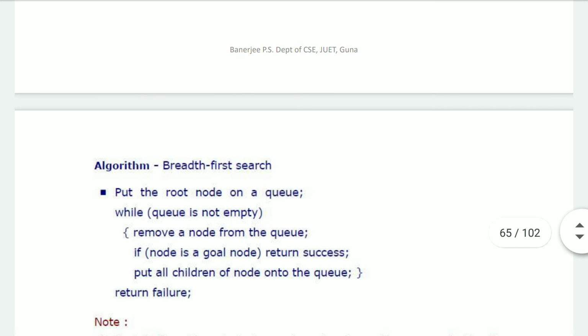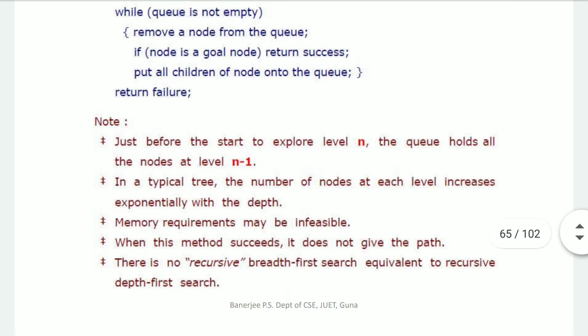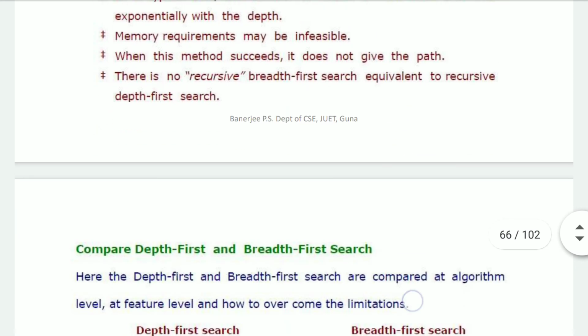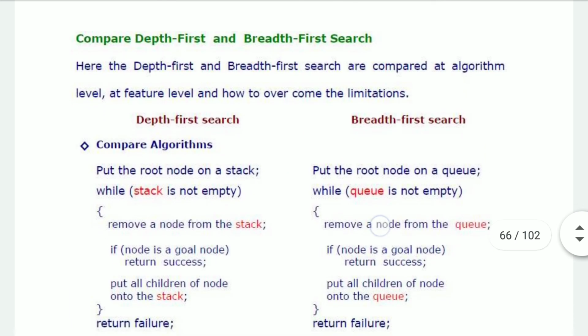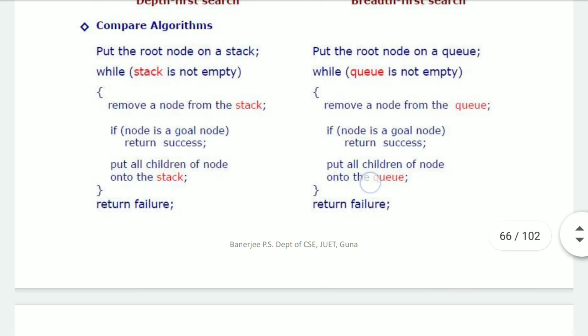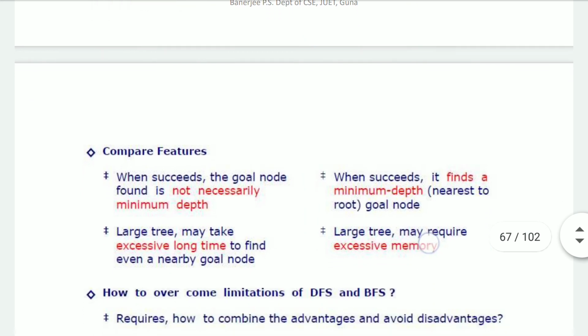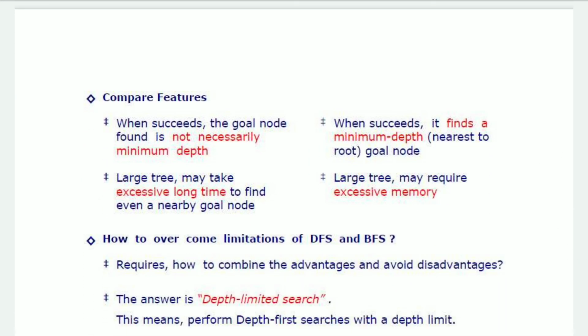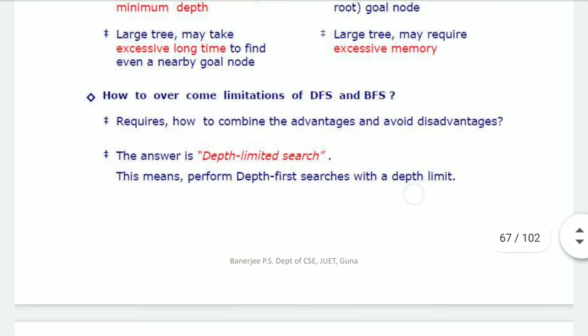So this is again the algorithm for the BFS. This is a simple comparison of the DFS and the BFS. This is a theoretical part. You have to precisely go through them, right? These are comparisons of the features of BFS as well as DFS.